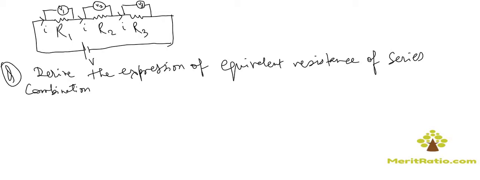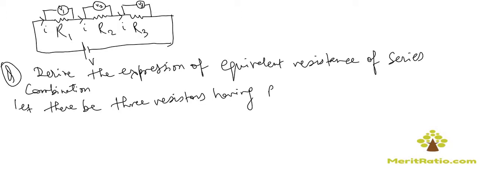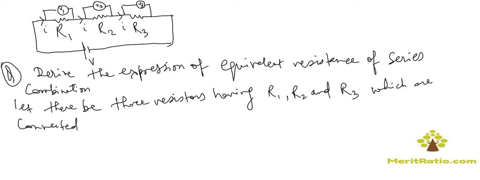We are required to write down, first of all, let there be three resistors having resistance R1, R2 and R3, which are connected in series as shown in the figure.